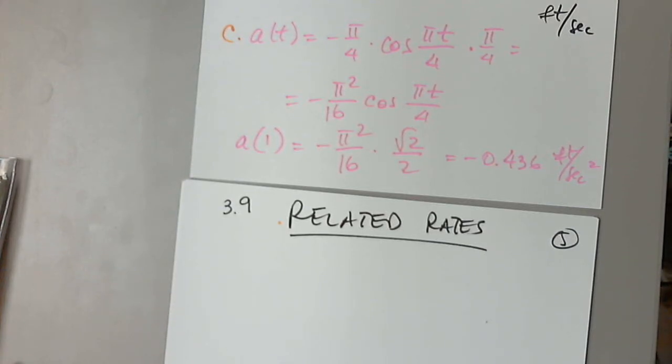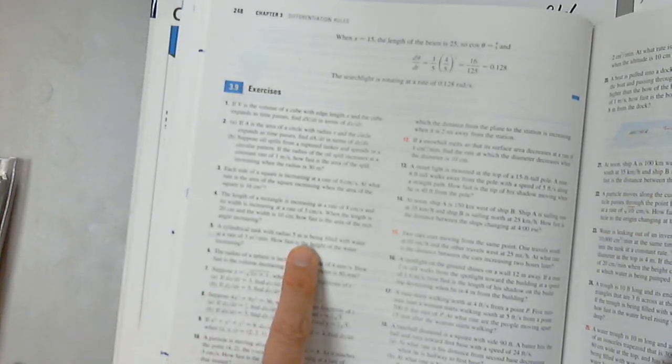I'll let you choose. Page 248. I would like to start with something simple, like, for example, number 5. A cylindrical tank with a radius of 5 meters is being filled with water at a rate of 3 cubic meters per minute.